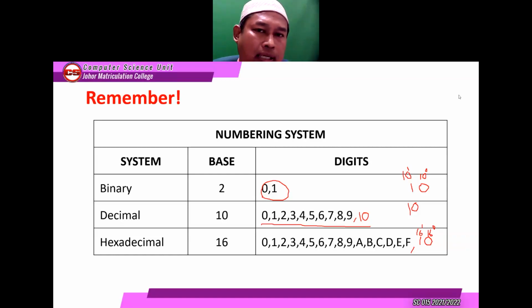So the symbols in hexadecimal numbers only have 15 symbols, decimal numbers only 10 symbols, and binary numbers only 2 symbols. A symbol means a character. So if the PSPM question asks for the characters of hexadecimal numbers, the answer is 15 characters. Okay, you must remember that.